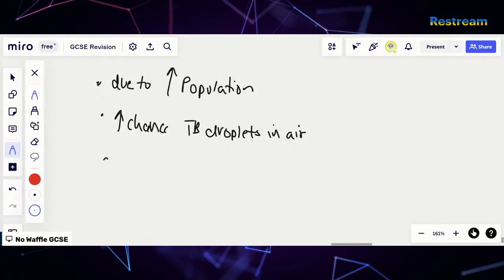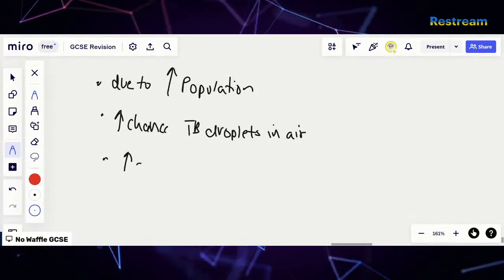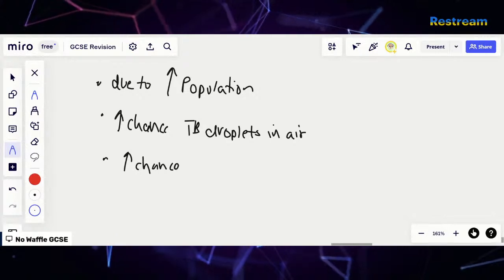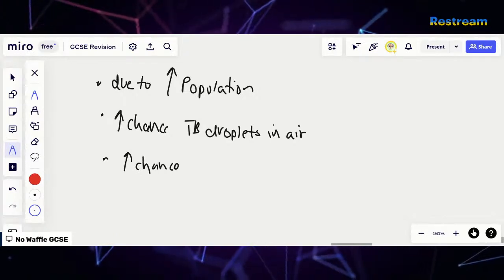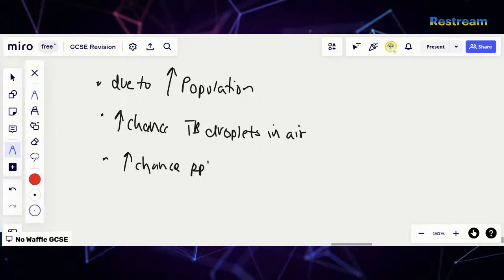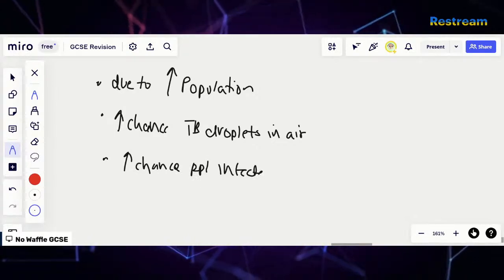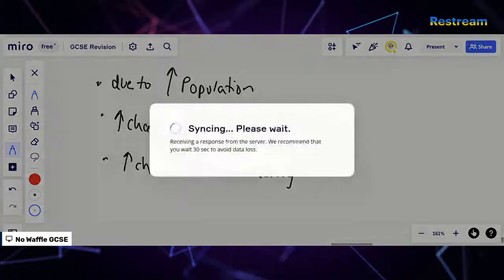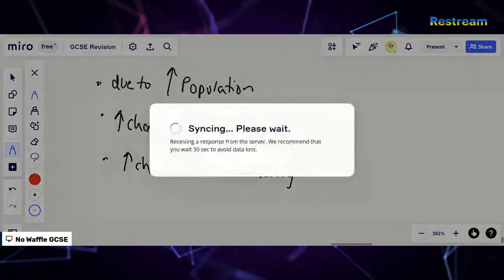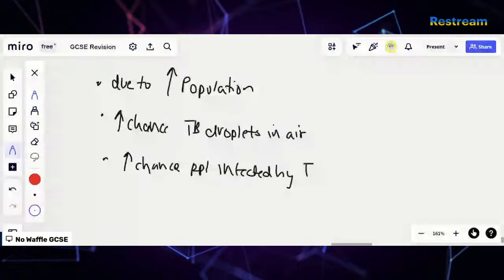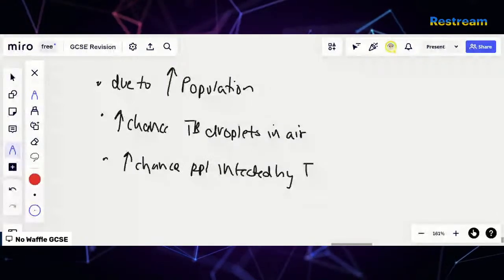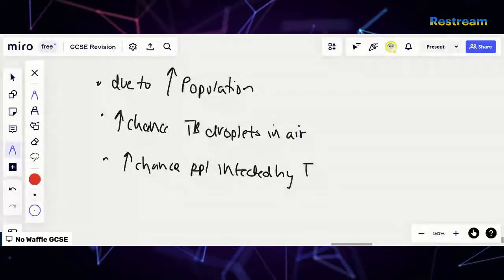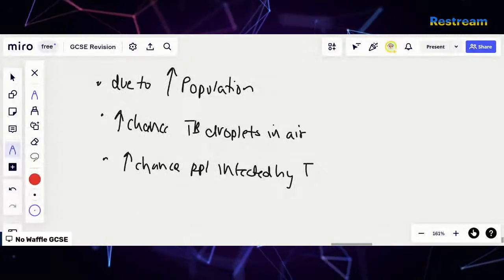And because there's a greater chance for there to be TB droplets in the air, there's a greater chance for more people to be infected by tuberculosis. It's an airborne disease. If there are more people in an area, you're more likely to get infected. Perfect. Okay, let's move on to the next question.